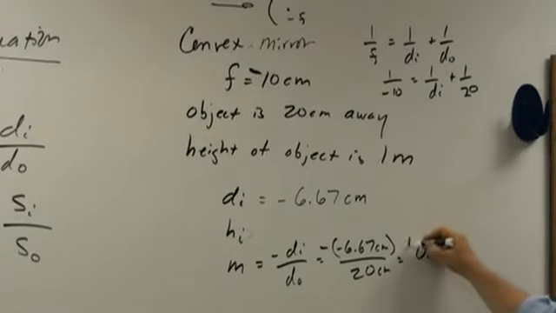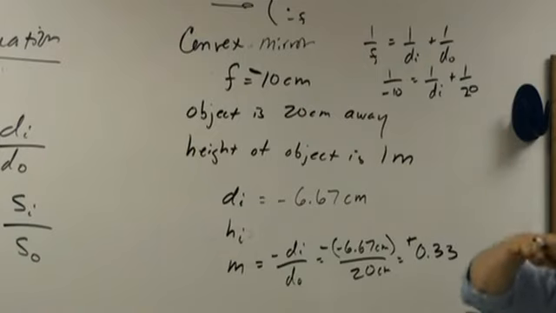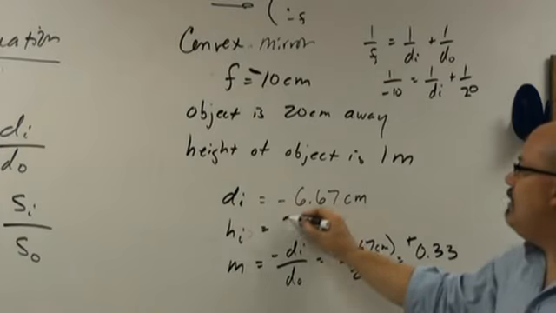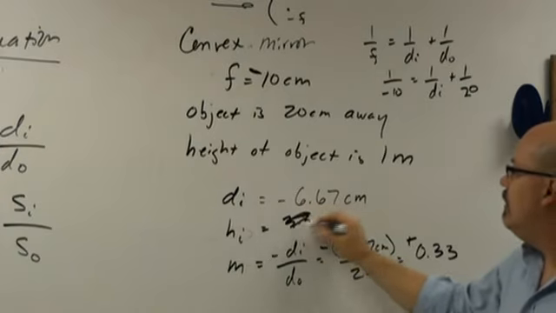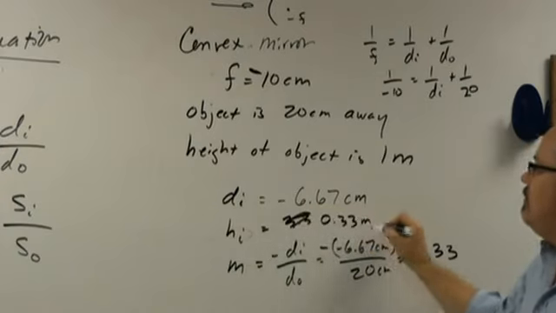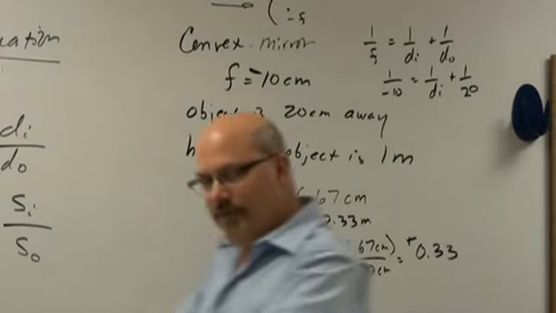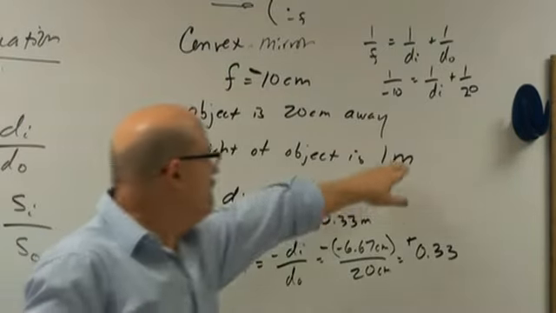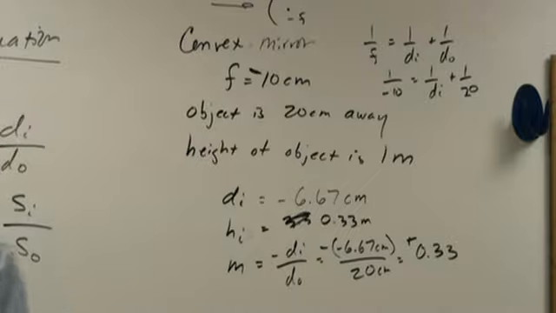So wait a minute, that means it's positive. What does that mean? It's upright, but shrunk to 1/3 the size. Yes. So the new height then should be 0.33 centimeters. I think I put meters. Okay. All right, so there you go.